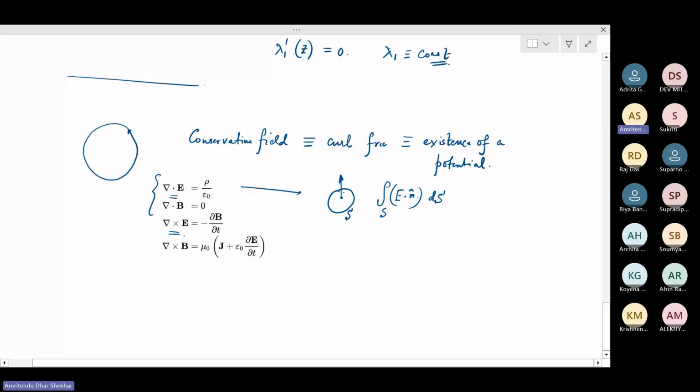Now if this surface was infinitesimally small, then the divergence of E is the amount of flux that is coming out of this tiny closed surface.